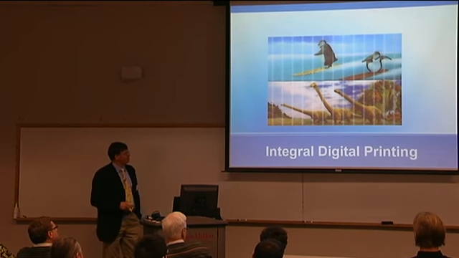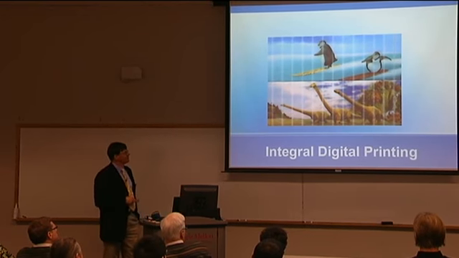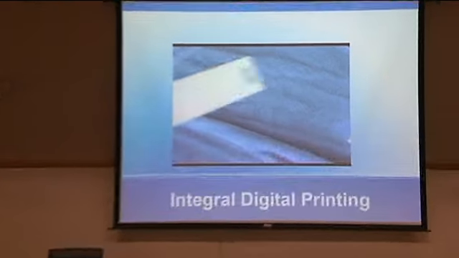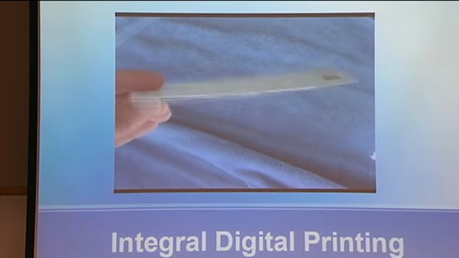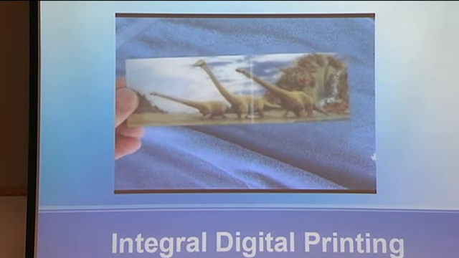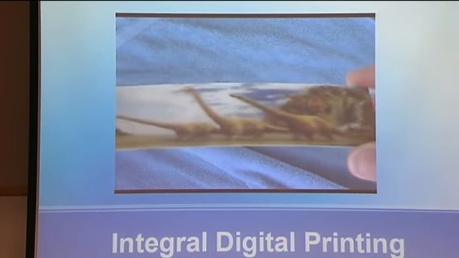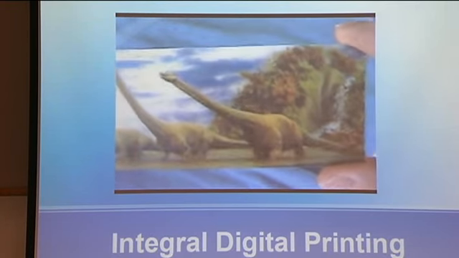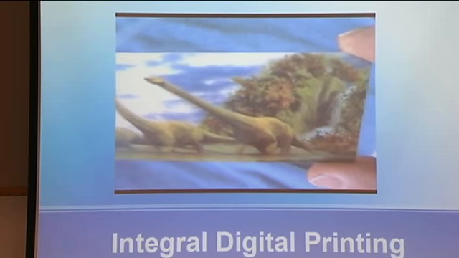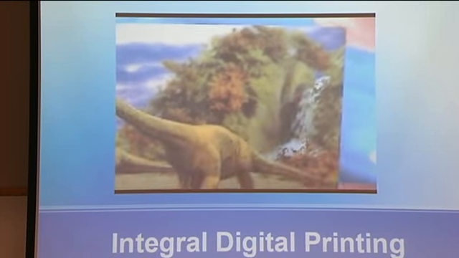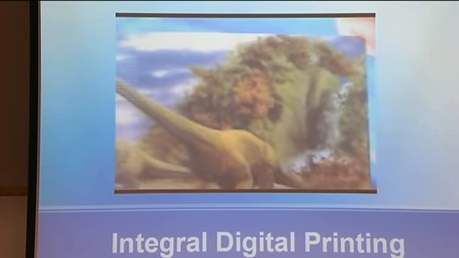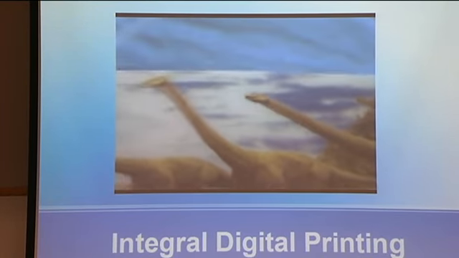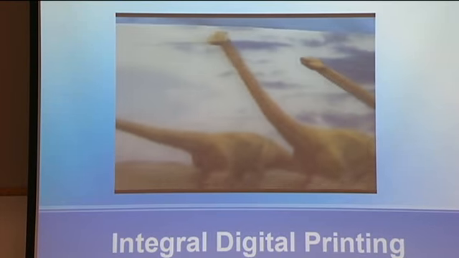I think all of you have seen these integral digital printings. I have known them since I was a kid. We look at this picture from different angles, and we see some movement. Quite obviously, to have this kind of effect, we need to encode more than one image into this sheet.